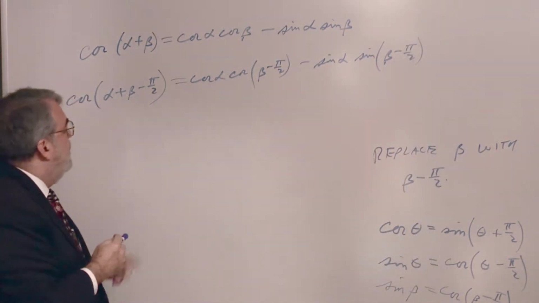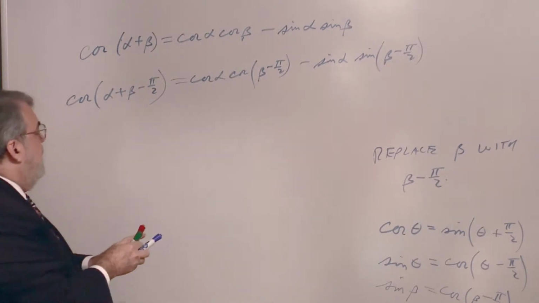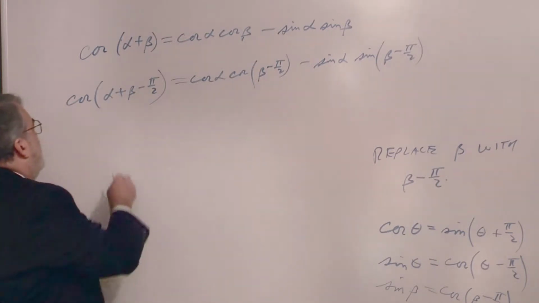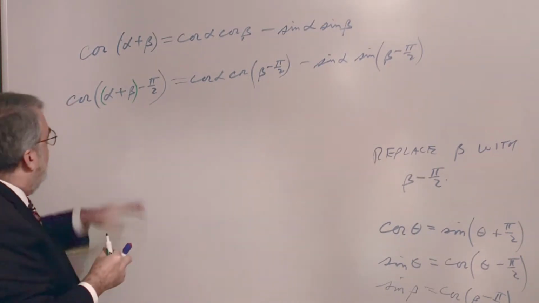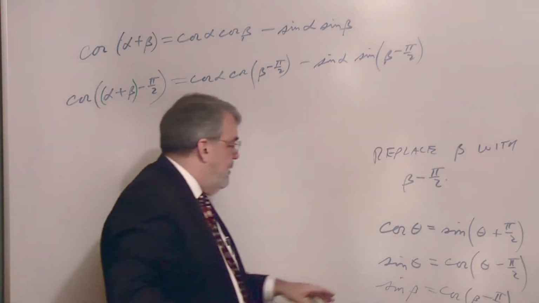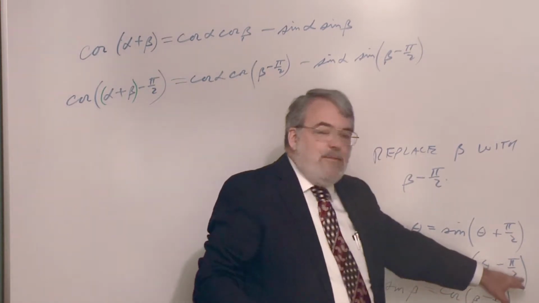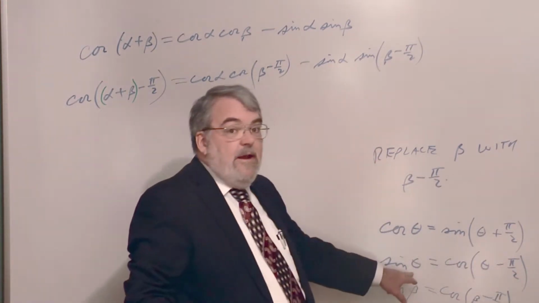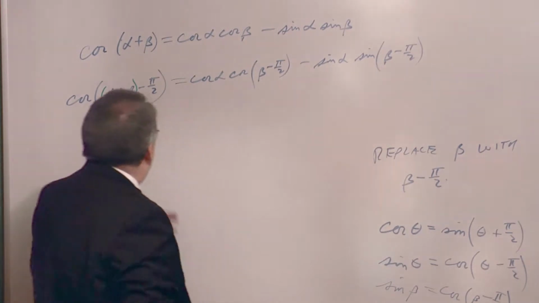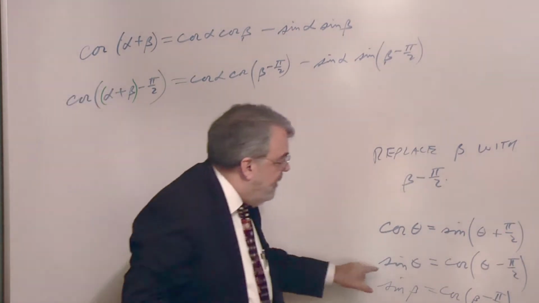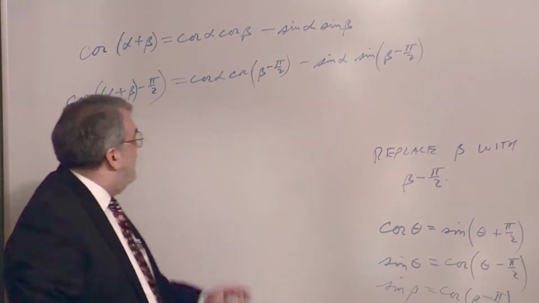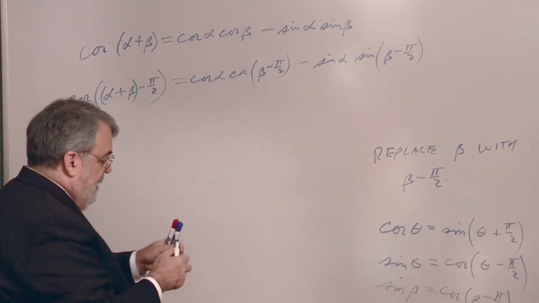Now here, if you rethink the first one and see it as alpha plus beta minus pi over 2, I have the cosine of an angle minus pi over 2. Cosine of angle minus pi over 2 equals the sine of the angle. And what I'm referring to as the angle is alpha plus beta. So for this identity, pretend theta is alpha plus beta, and it works out very nicely.